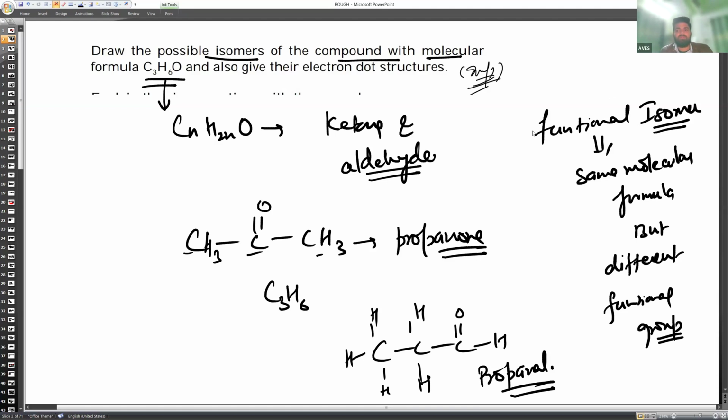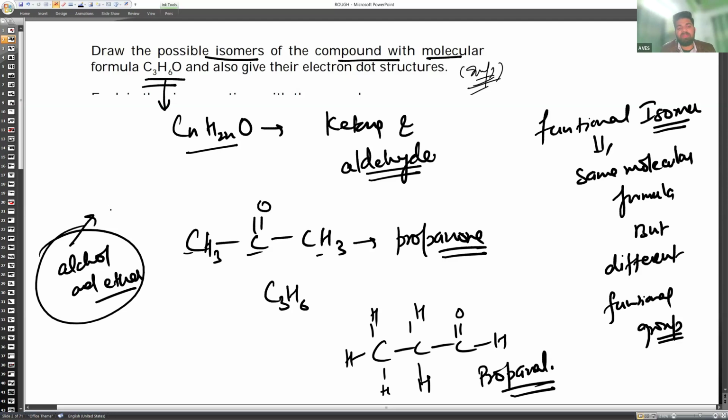Yes, sir. So this is the ketone, and aldehydes show the same functional isomerism. Got it? If I talk about others, there are also other groups that show functional isomerism, but these functional groups are not in your syllabus. But alcohol and ether show functional isomerism, and their general formula is CnH2n+2O.